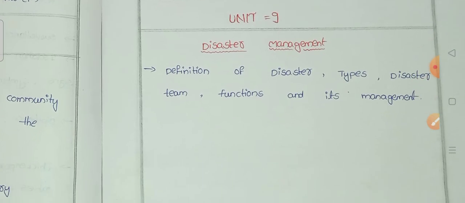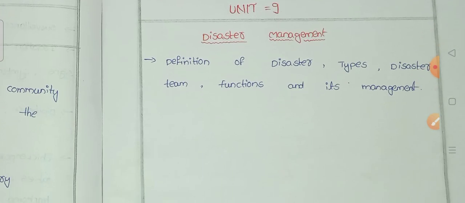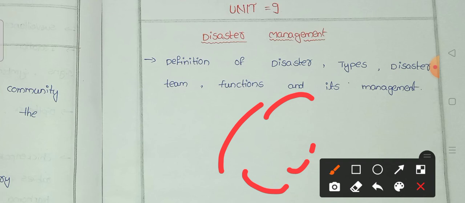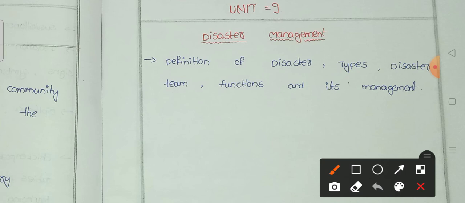Next, unit 9, disaster management. Okay, definition of disaster, types. Okay, disaster team, functions, and its management. All these topics are very, very important. Disaster cycle also important. Everybody will participate in the disaster management class. Okay, types of disaster, like man-made and natural disaster, disaster cycle. Okay, like a disaster cycle: this is the impact.